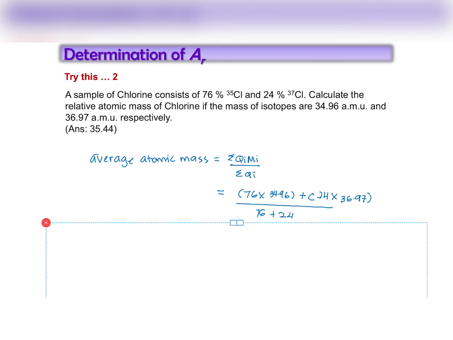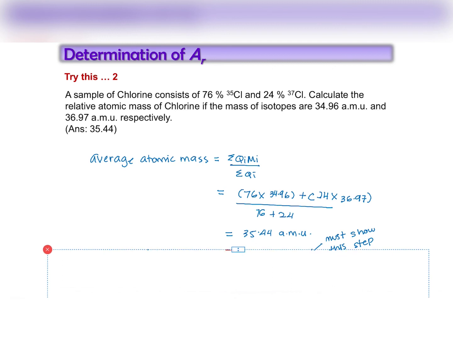So Ki will be the percentage, and this is your calculation. So 76 for chlorine 35. So this is the mass, which is 34.96. So multiply. And then 24 times 36.97 divided by the sum of your abundance. So in this case, since it uses percentage, it is 100.